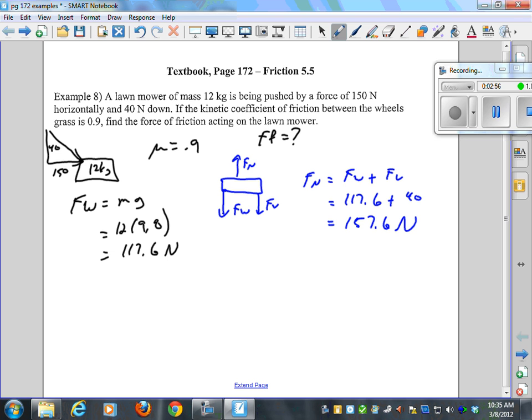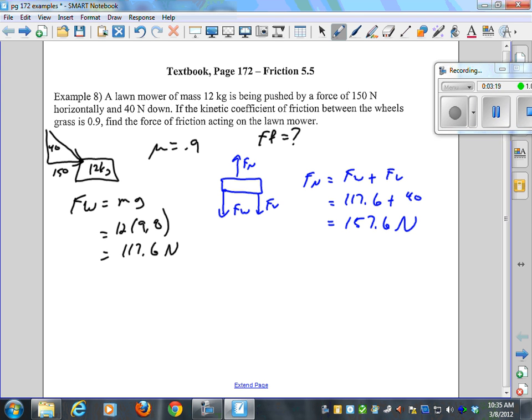Now, hold on here. Does it say anything about acceleration? The question doesn't say anything about acceleration, right? Jory, when you cut your grass, do you start at one side of the lawn and accelerate to the other end? Or do you tend to walk at a constant speed? I tend to walk at a constant speed.